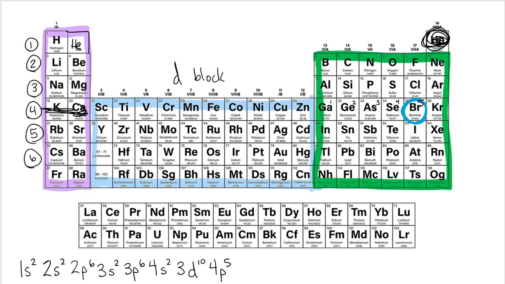For the shorthand electronic configuration, you start at the nearest noble gas that comes before.